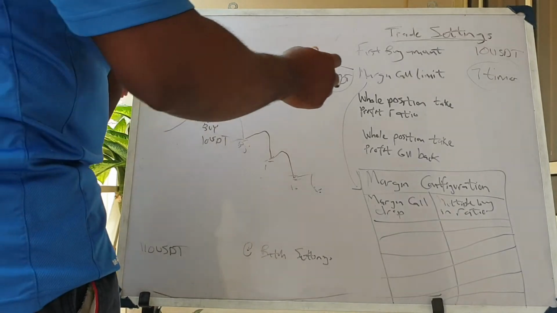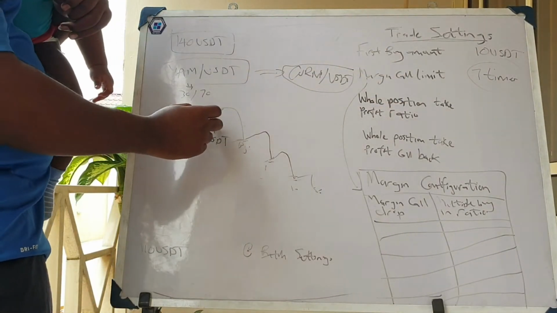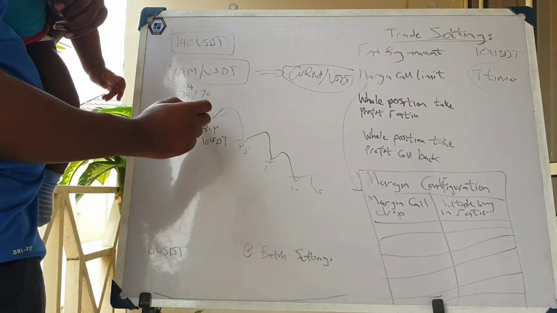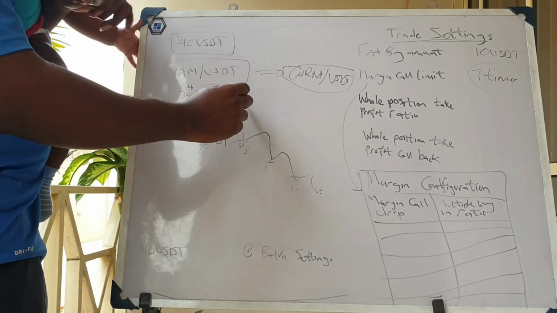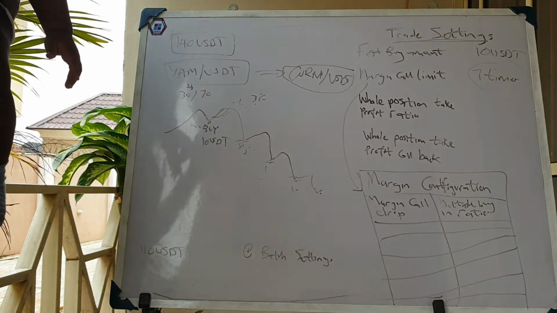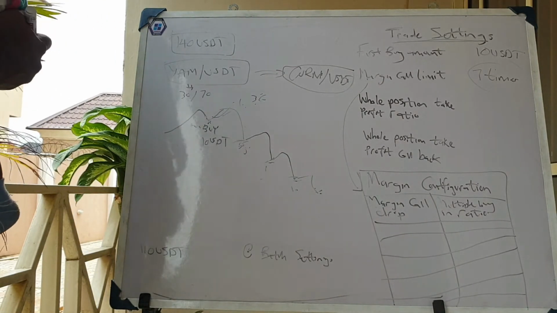So what position take profit simply means is at what point, if the price begins to rise, should it take profit? Remember we bought our yam at 800 naira. Let's say it rises by 1.3%. It's easier for you to get a smaller profit than waiting for a very big profit.